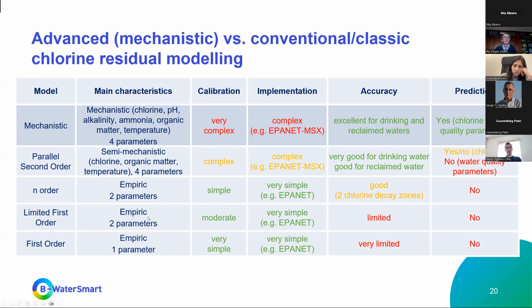These two have only 2 parameters, and the first order has 1 parameter, but they have no prediction ability towards chlorine nor the other water quality parameters. Though more simple and easily implemented in EPANET, there is not much use for them.